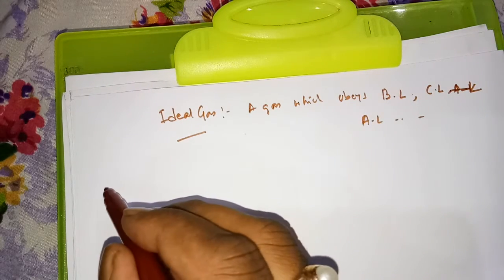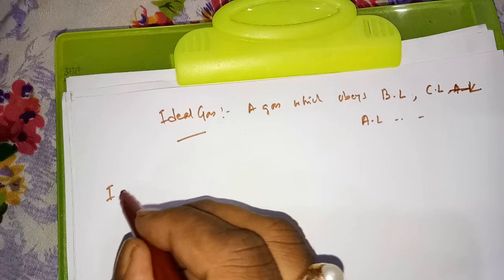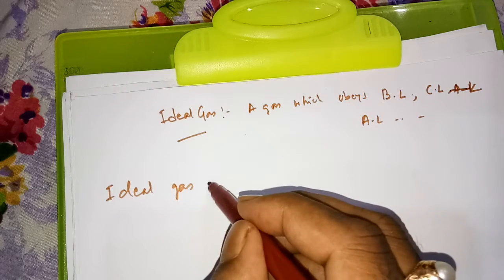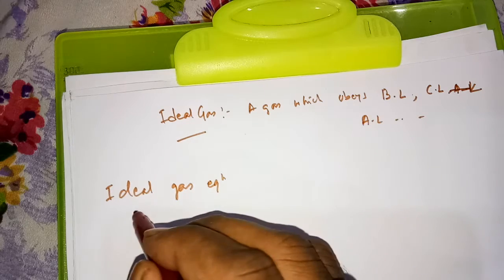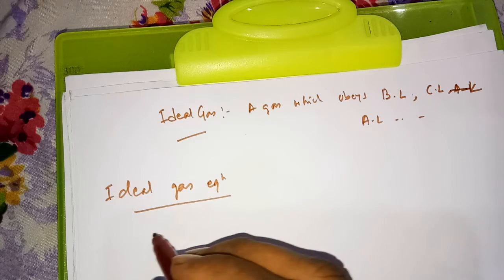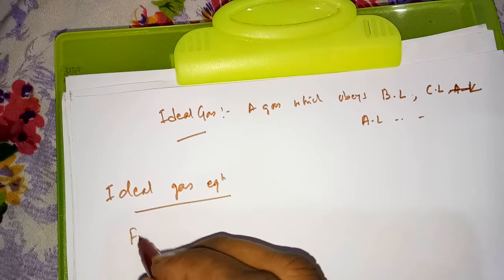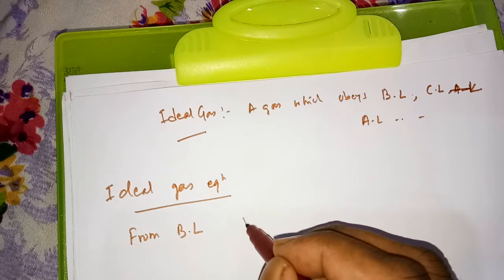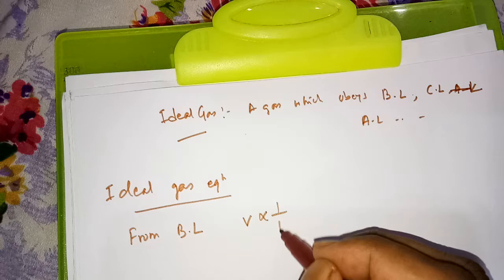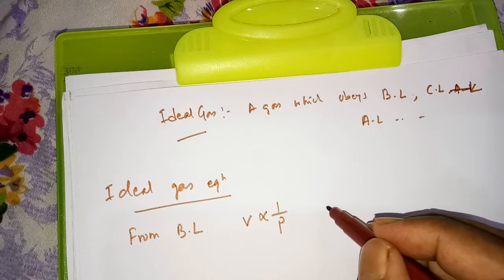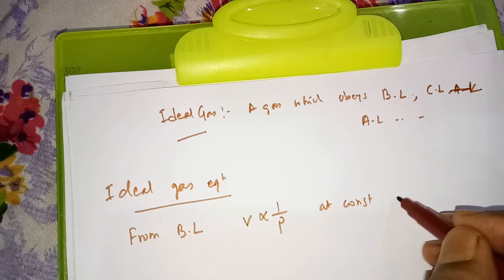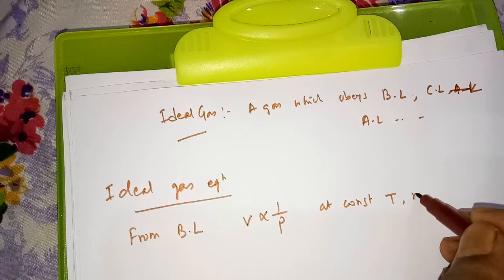Now from that ideal gas, we first find the ideal gas equation. From Boyle's law, V is inversely proportional to pressure at constant temperature and n.